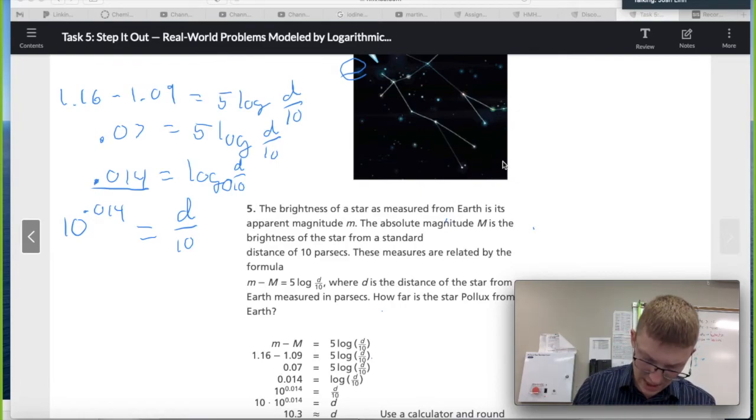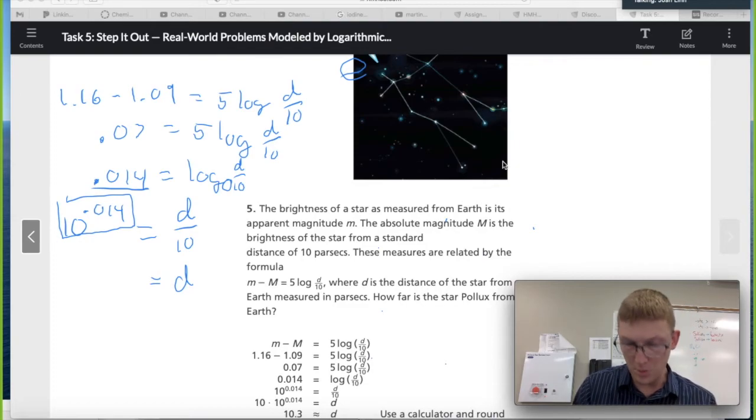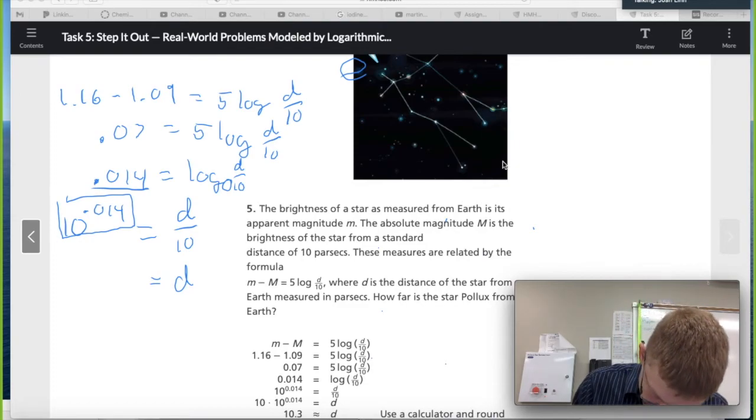Okay, so we're going to times both sides by 10. Don't need a calculator for this because, from your power rules, 10 raised to an exponent times 10 is just going to be 10 raised to the power of 1.014.